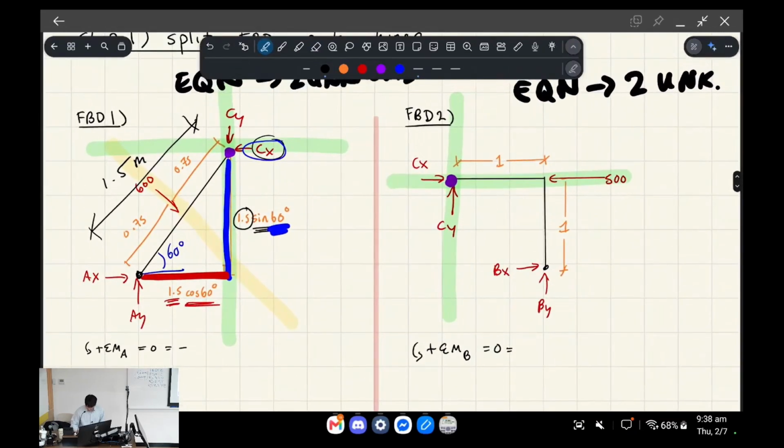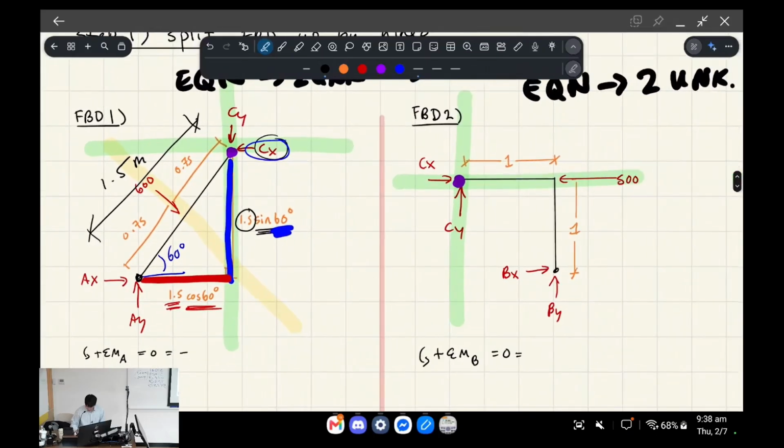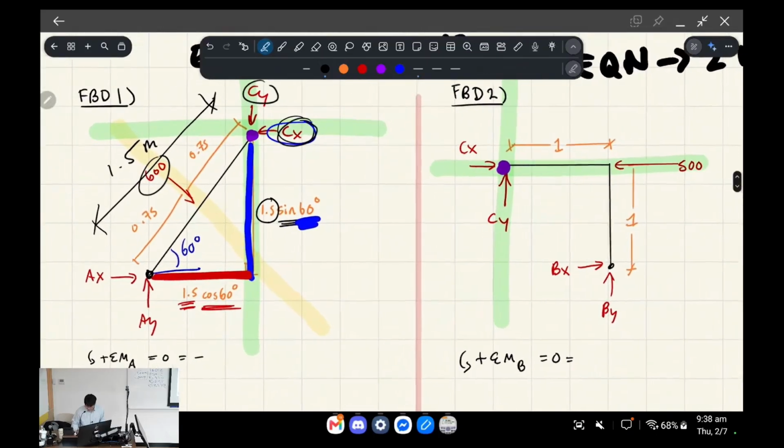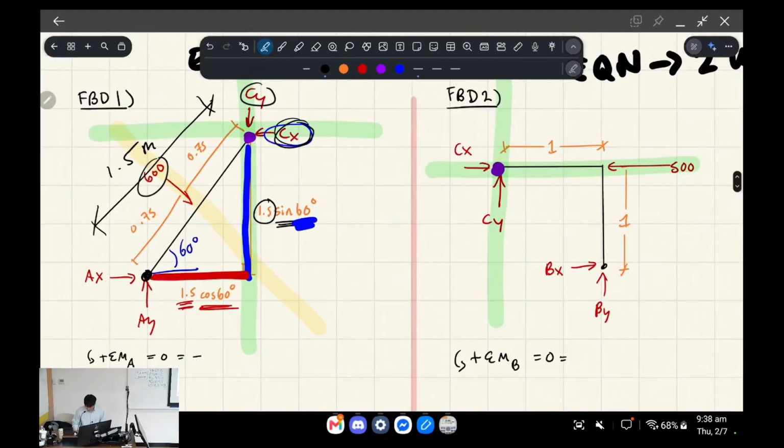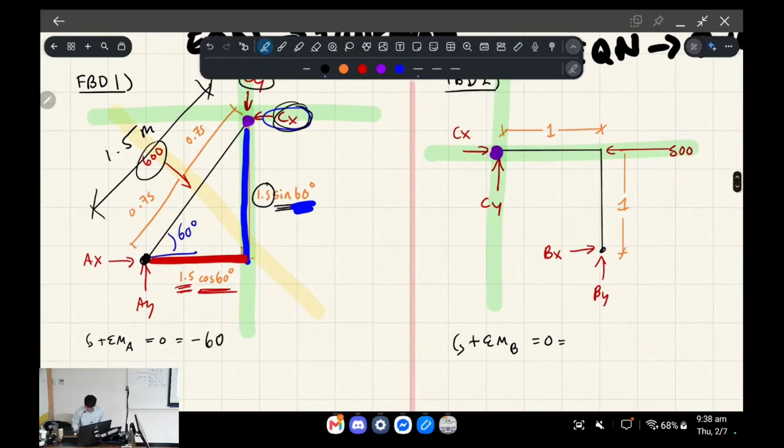Okay, going back to this, we have to figure out which of these three forces go clockwise and counterclockwise. Remember, relative to A, let's look at the 600 Newton force first. That one's going clockwise, so we set it as negative: negative 600, multiplied by the lever arm, which is 0.75.